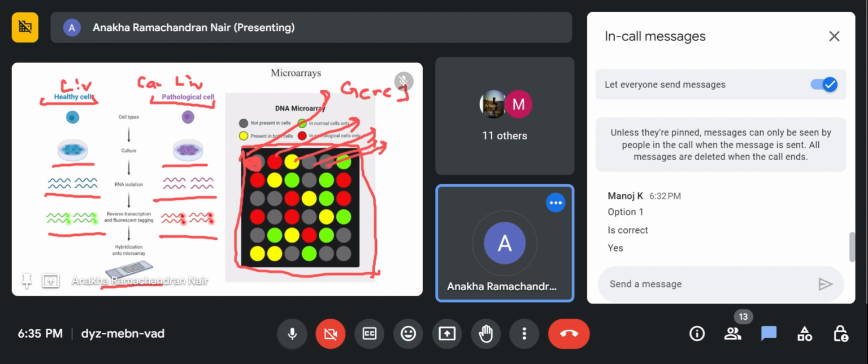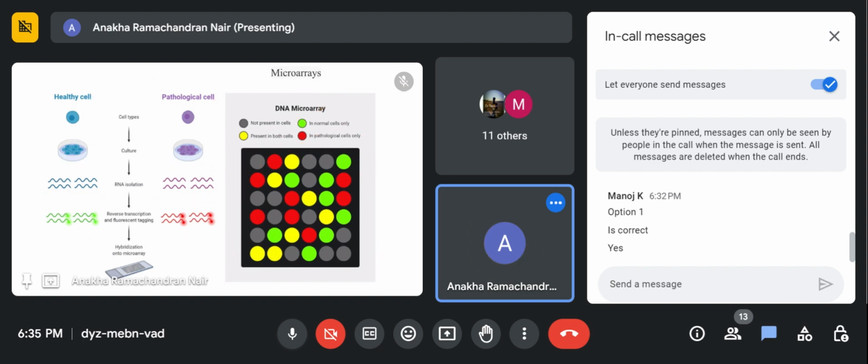So you have labeled the RNA from the healthy cells with GFP, and the one from pathological cells with RFP. For gene 1, you're seeing that it is black in color, right? So that means it doesn't have GFP or RFP. That means this gene is not active in the healthy liver cell and the cancerous liver cell.